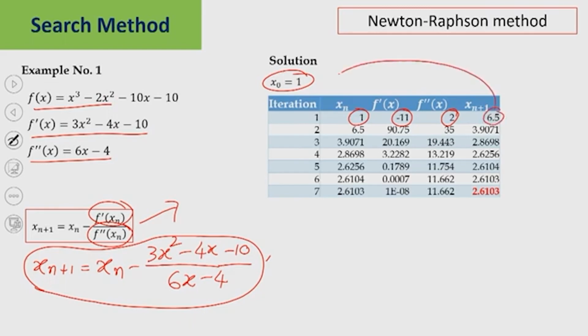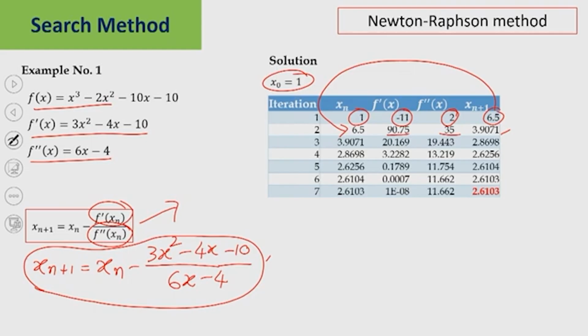Now, this 6.5 I will put it here. So, I am calculating the second approximated value. At 6.5, the first derivative is 90.75, the second derivative is 35, and then x n plus 1, I am getting 3.9071.